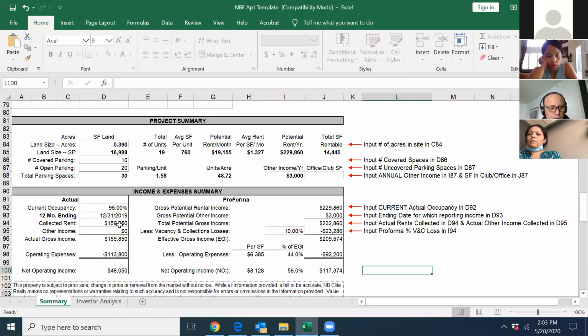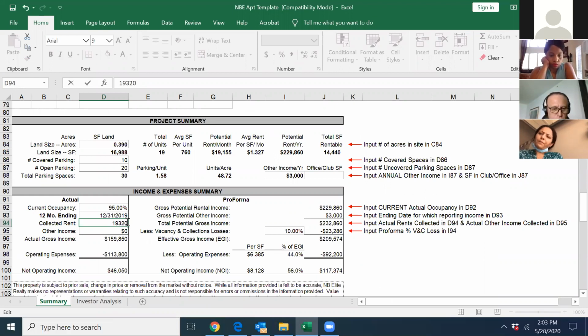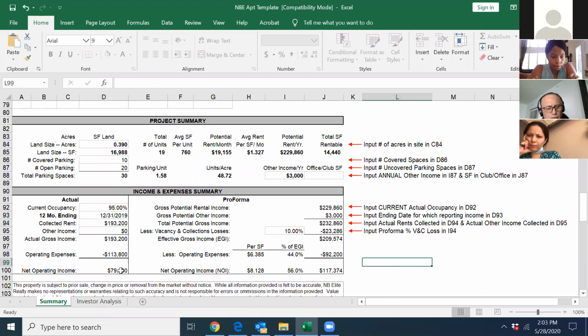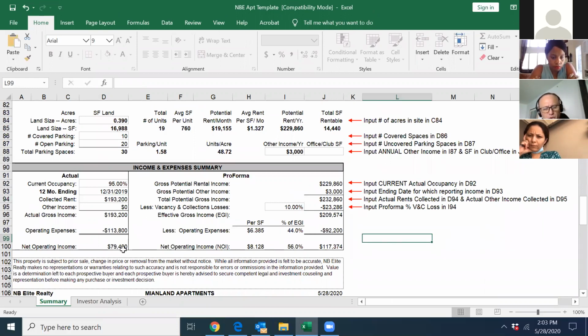Okay, let me see if the formula is going to get me this. Sorry, I'm going to move this here. 193,200. Okay, so net operating income 79.4. We're almost there. They said 80,000, so it's fine. A few hundred dollars, no big deal.